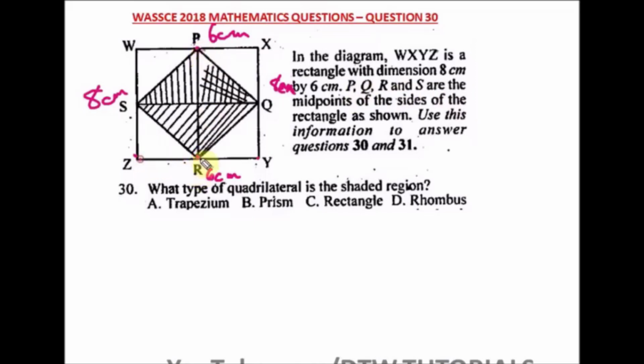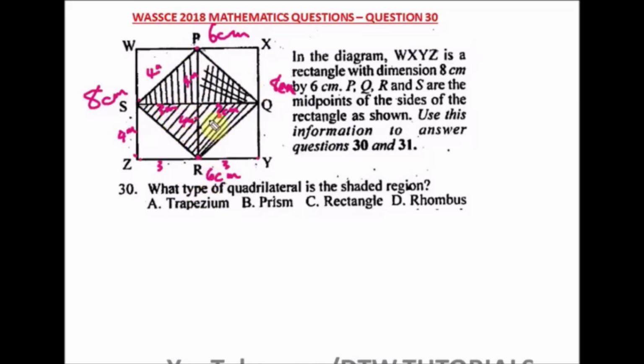That means from here to here will be 3, and from here to here will also be 3. And from here to here will be 4 centimeter. From here to here will also be 4 centimeter. So this side is 4 centimeter, and this side will be 3 centimeter.